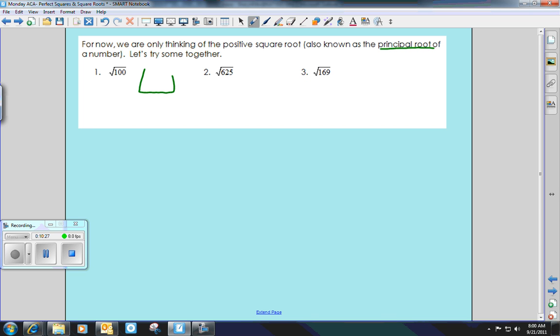If we thought about this, here's our square. 100 is the area of our square. Some number is going to go here and here for our length times width, and it has to be the same number, x and x. It's going to be the same number multiplied together to make 100.